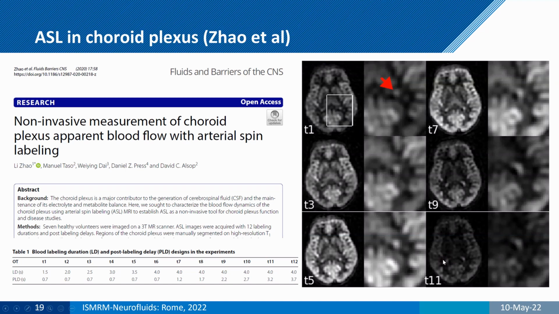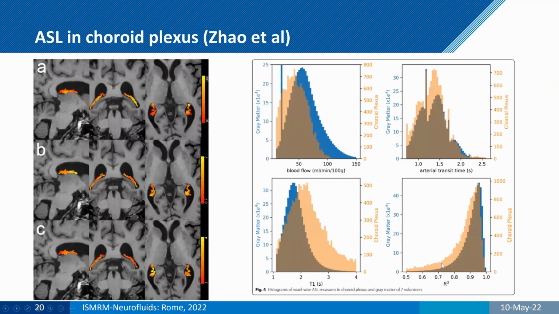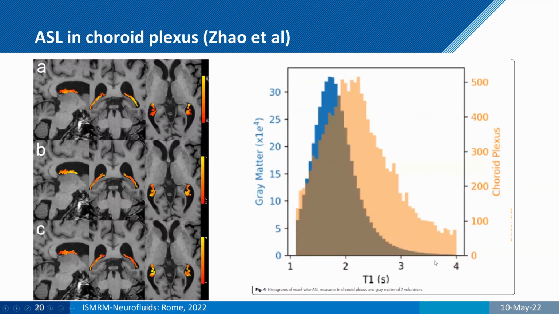But interestingly, they fitted a dual compartment model to their data. And the most interesting parameter is that they also fitted the T1 with which the label was decaying once it exchanged from the blood into the tissue or into the CSF.